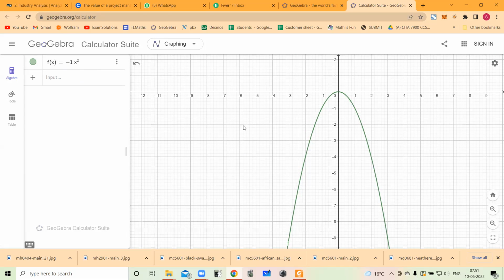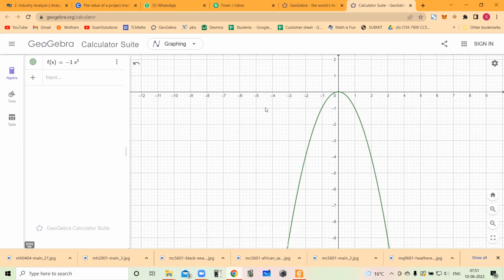So what's happening with the sign of A, positive or negative? If it's positive, it's up. If it's negative, it's down. You can remember it like this: if it's positive, it's a cup. If it's negative, it's a mountain. Positive cup, negative mountain.